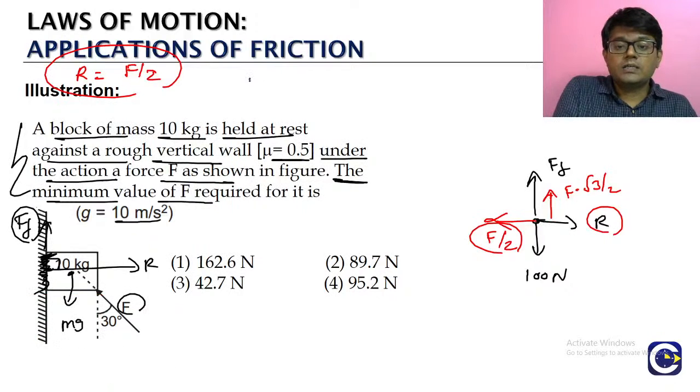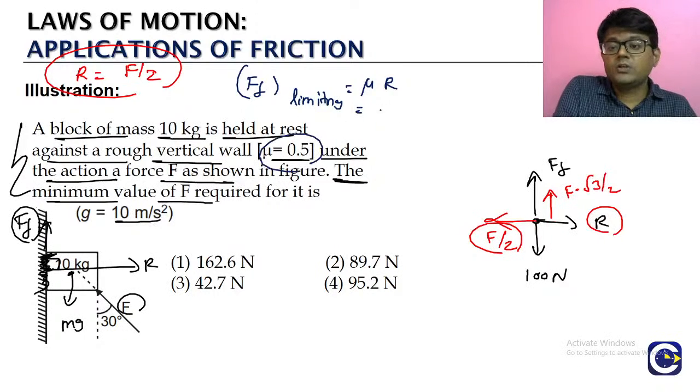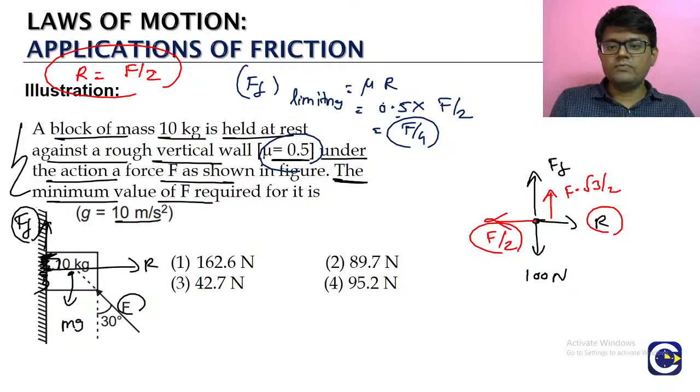Mu is 0.5, so 0.5 into F by 2. 0.5 means 1 by 2, so 1 by 2 into 1 by 2 will be 1 by 4. So the limiting value of the static friction is F by 4.